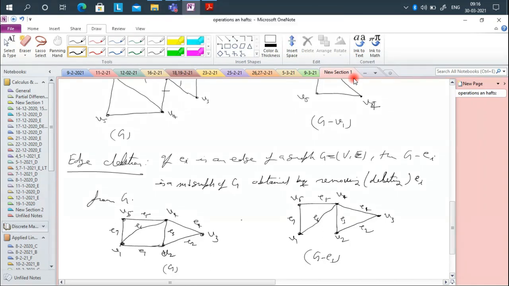Understand? So this is edge deletion. Okay, fine.